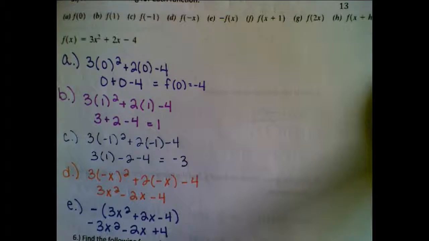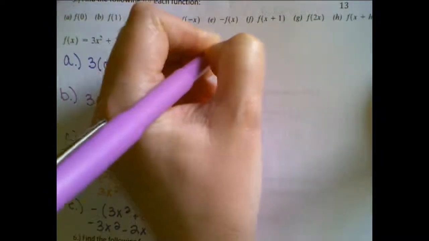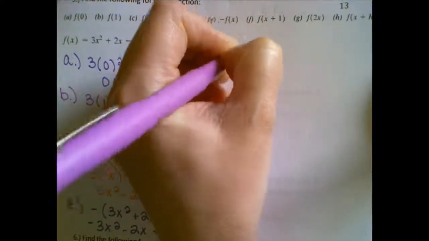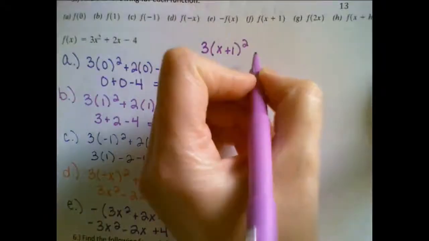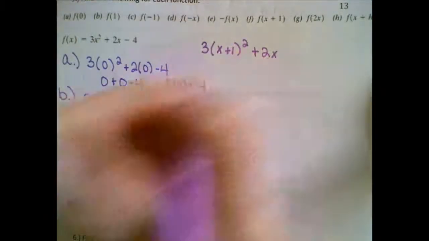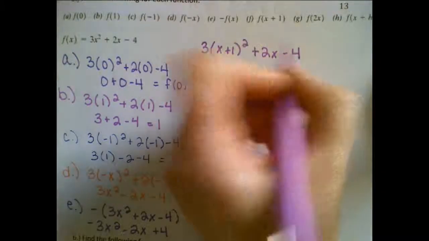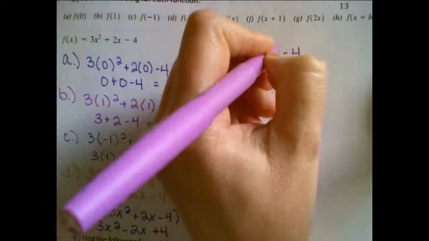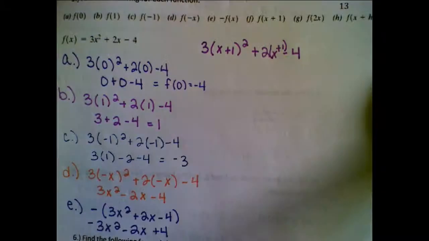F, we're going to replace every x we see with x plus 1. So 3 times (x plus 1) squared plus 2 times (x plus 1) minus 4.